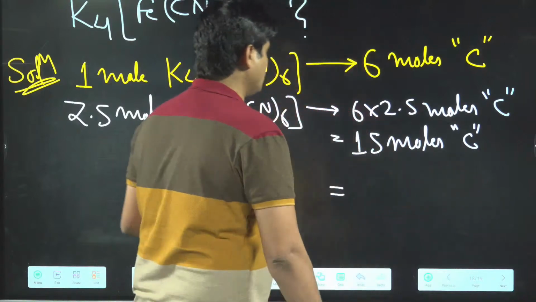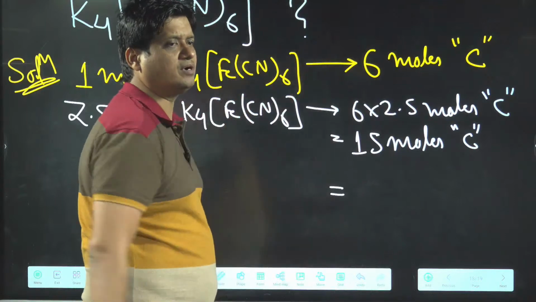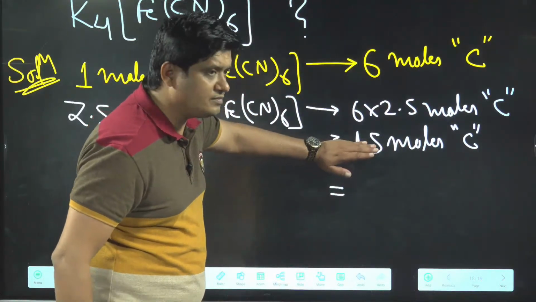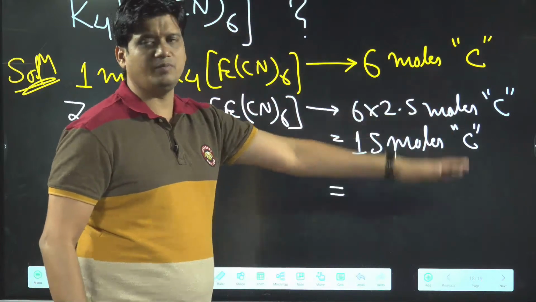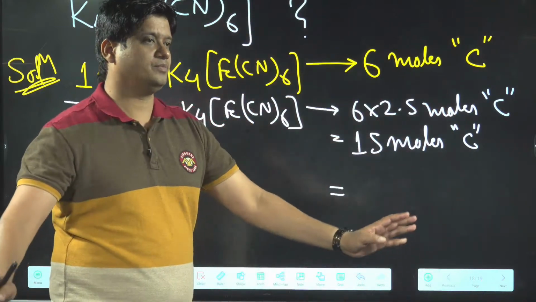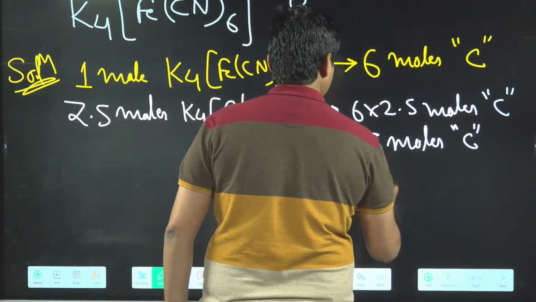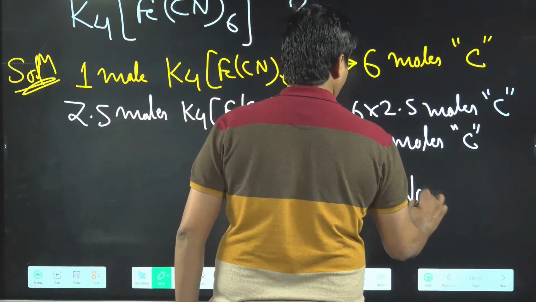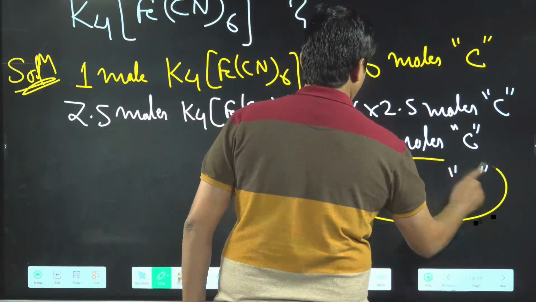So if you know the moles, it is 15 moles. Just multiply it by Avogadro's number, it will become number. So I can write it like this: 15 into Na carbon atoms. That's it. It is our answer.